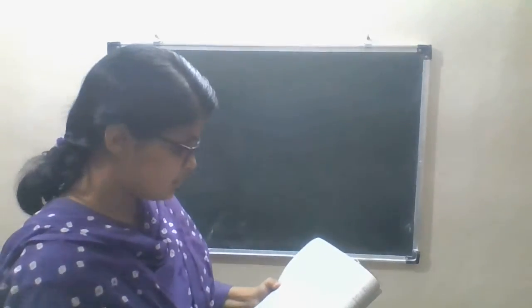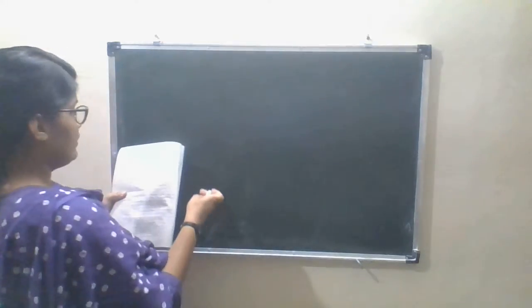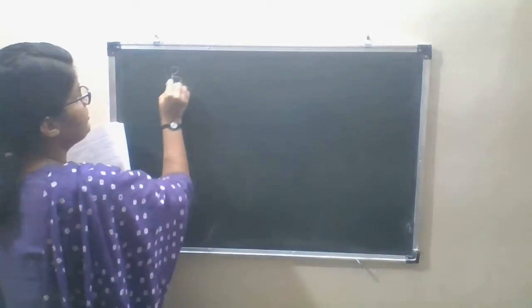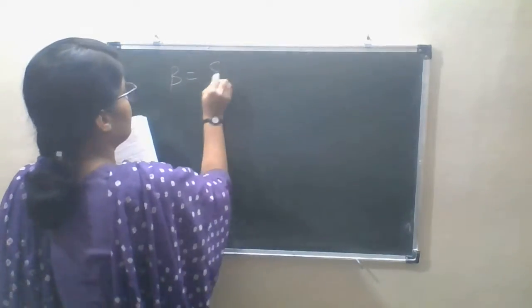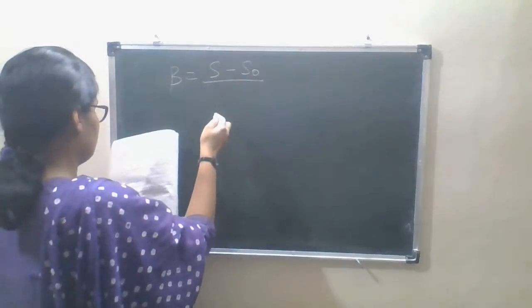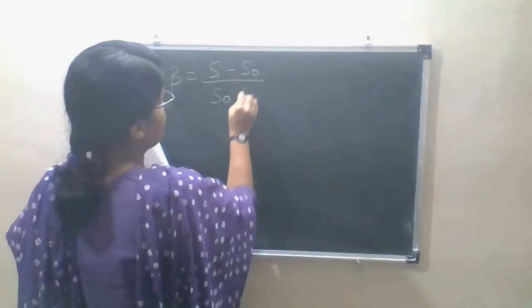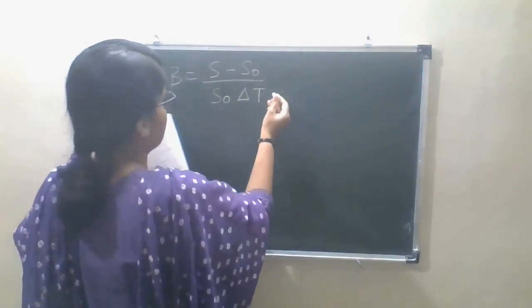Okay, now next is finding the value of beta. From that same equation we can find the value of beta, which is given by beta equals S minus S0, which is nothing but the change in area, upon the original surface area into the change in temperature.